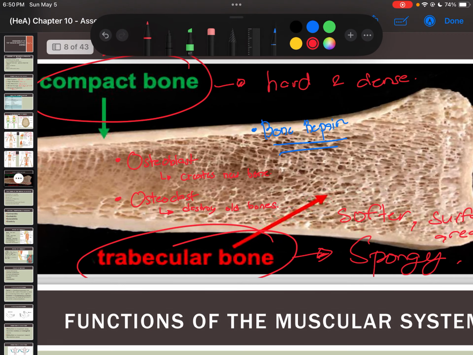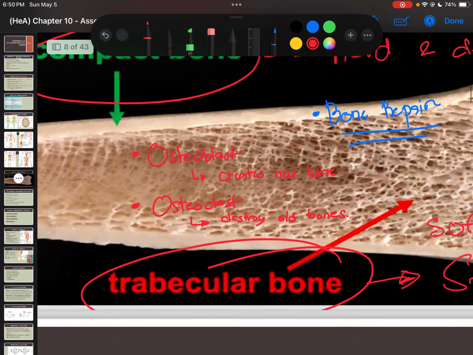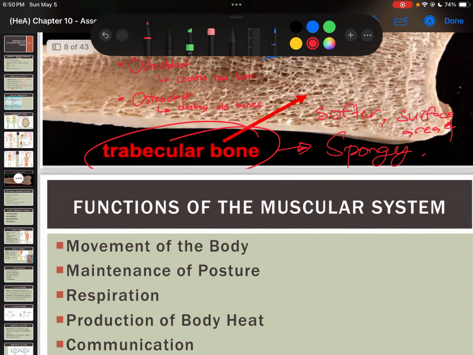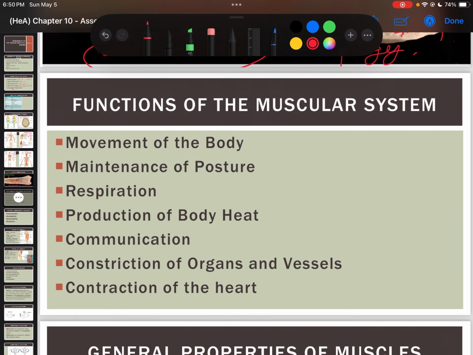As much as I would like to go into detail on bone repair, it's quite tedious, it's quite long actually. But this has been discussed in your anatomy before, and if you're really curious, you can read your notes again. Now, next, we have the functions of the muscular system.